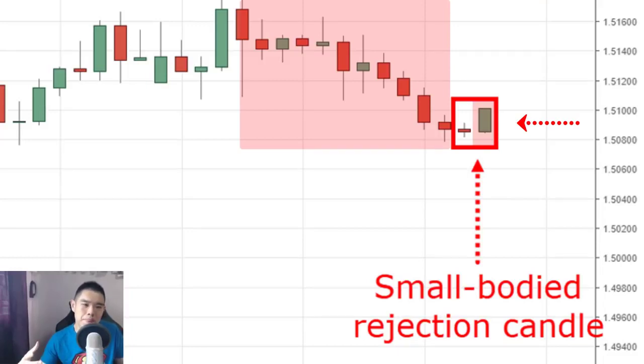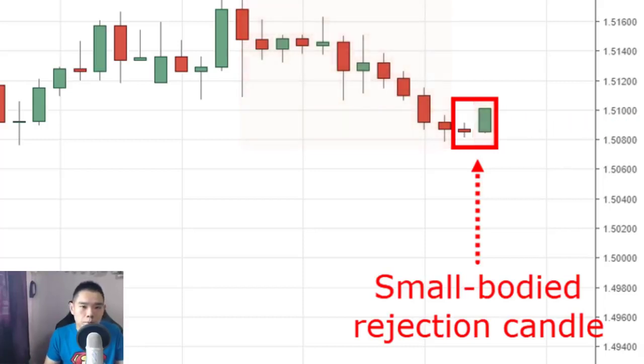It's not very large compared to the earlier ones. In fact, in terms of size, it's pretty much the same. So this tells me there isn't any strong buying conviction behind this candlestick move. There isn't anything phenomenal or outstanding.